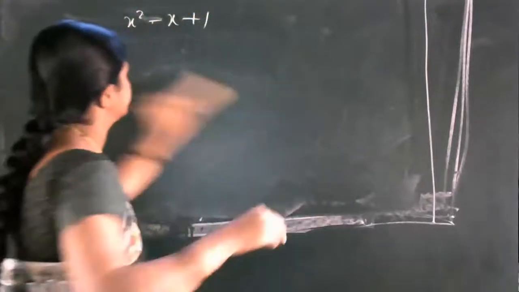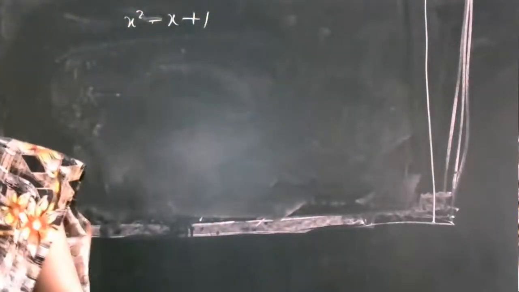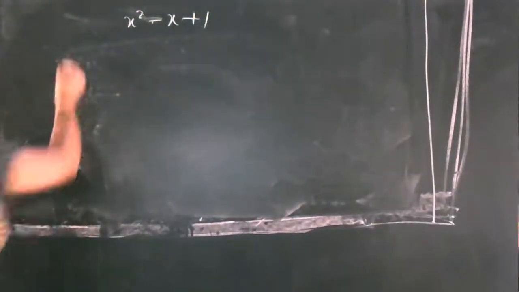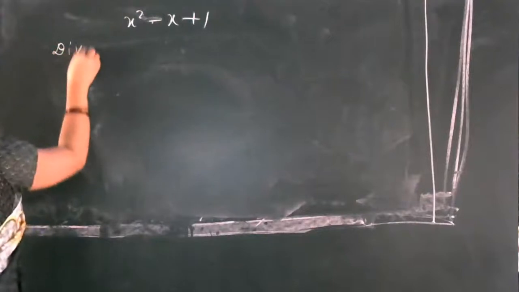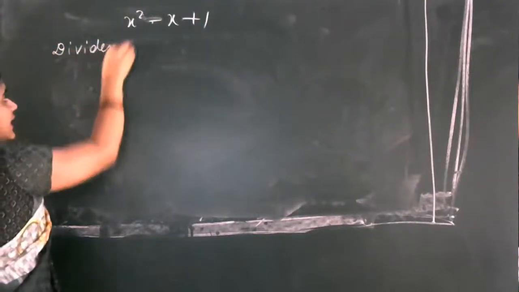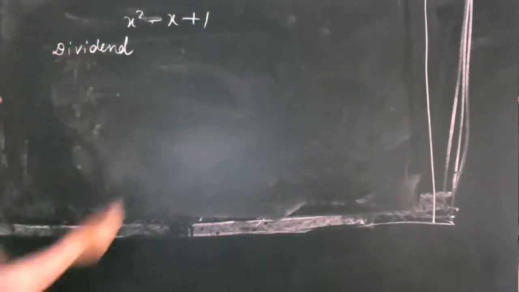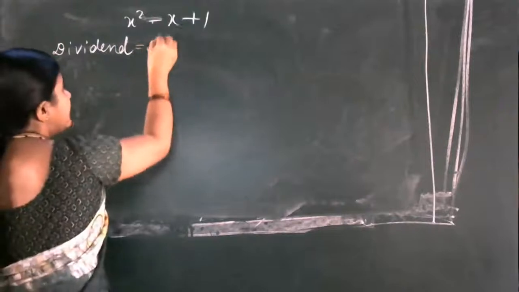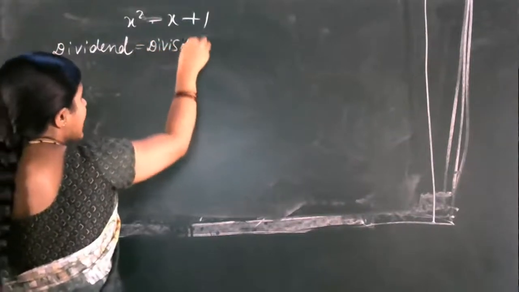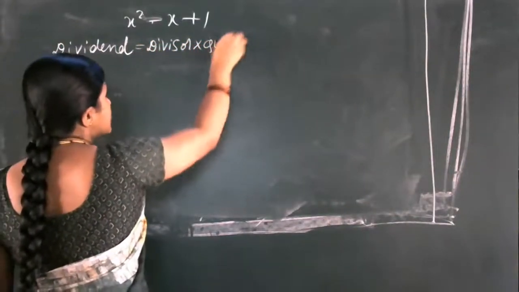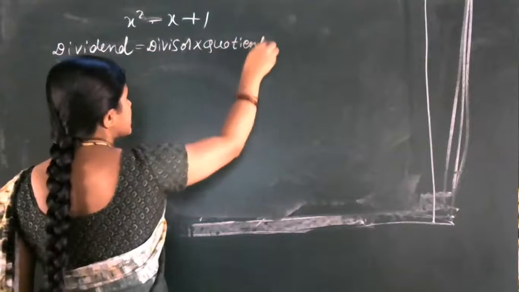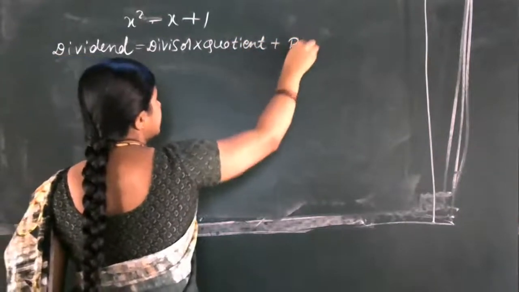I'll erase because the board is very small for the online class. For the verification, we have to take the relationship that dividend is equal to divisor into quotient plus remainder.